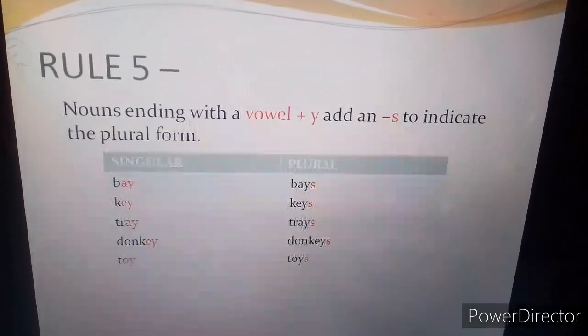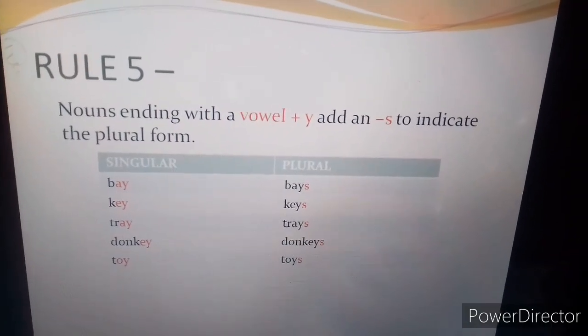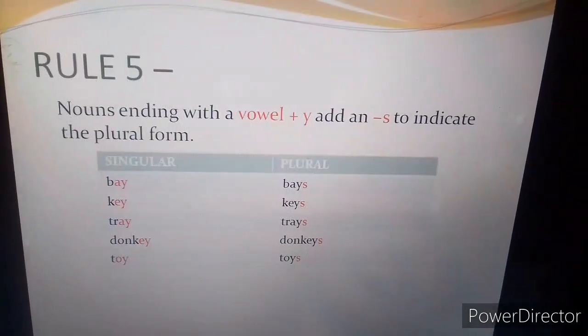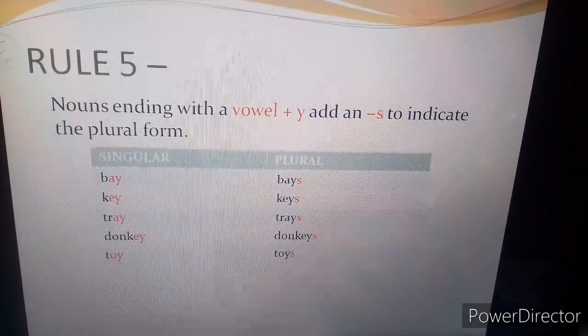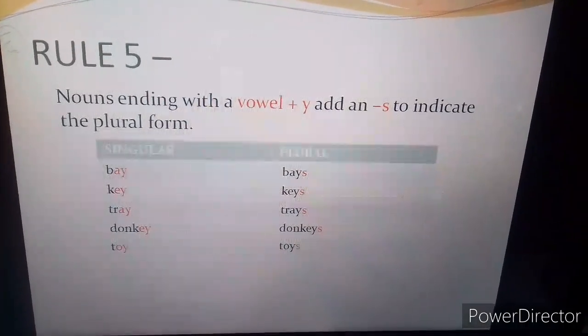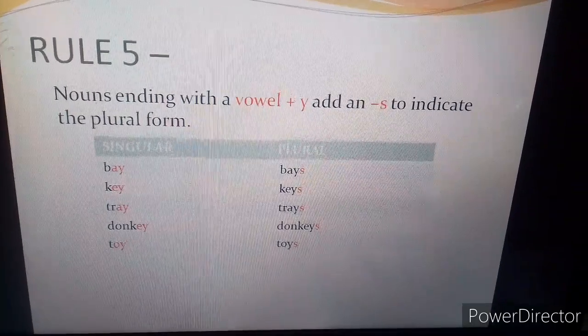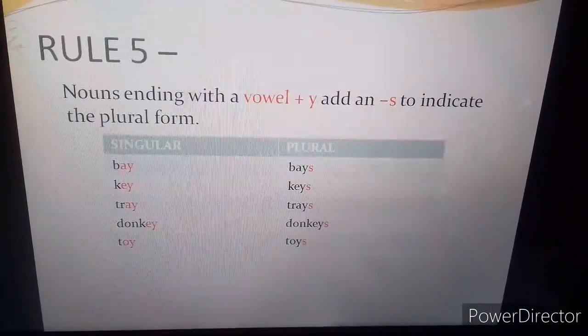Let us see rule number 5. Now in rule number 5, it says nouns ending with a vowel plus y add an s to indicate the plural form, which means that the nouns that end with a vowel and a y will be made into their plural form by adding s. For example, bay.